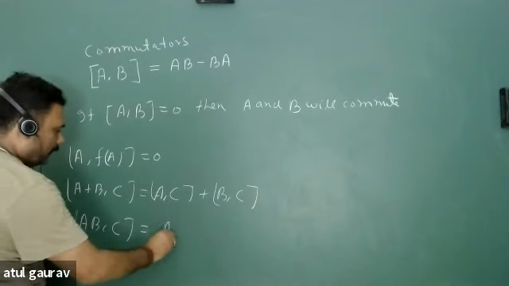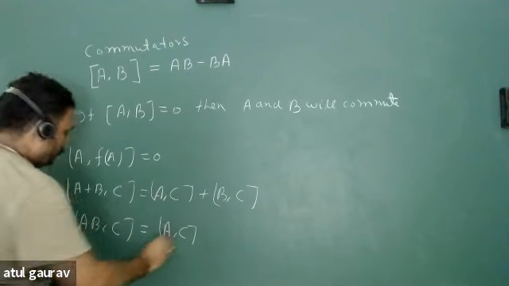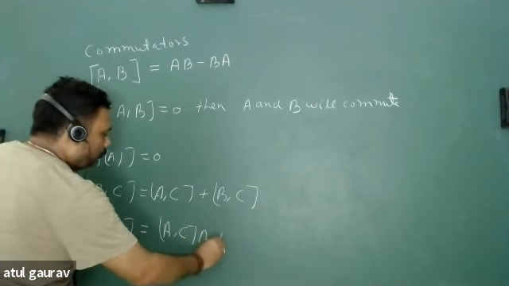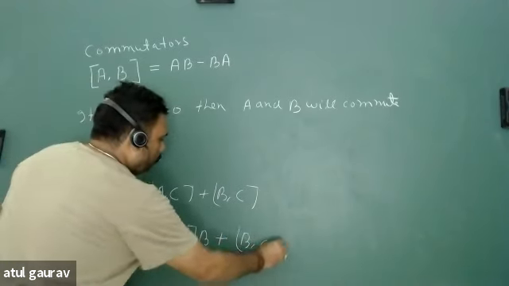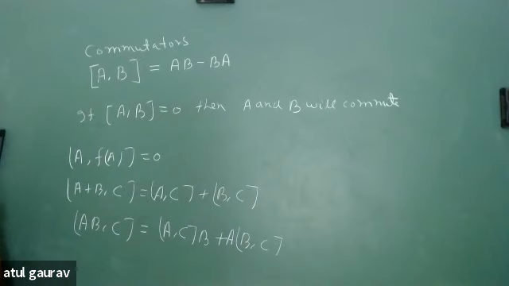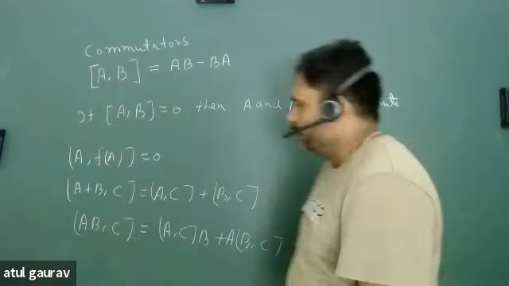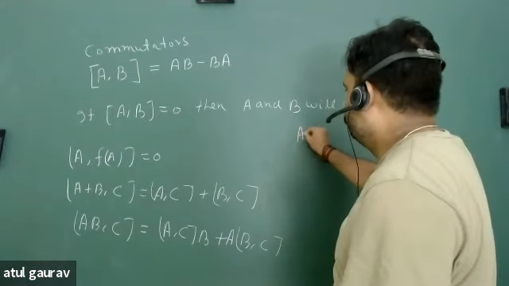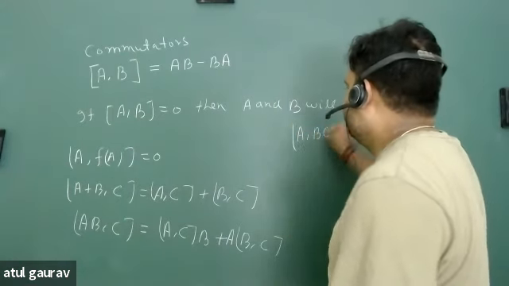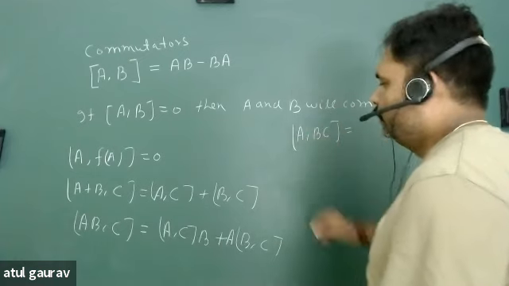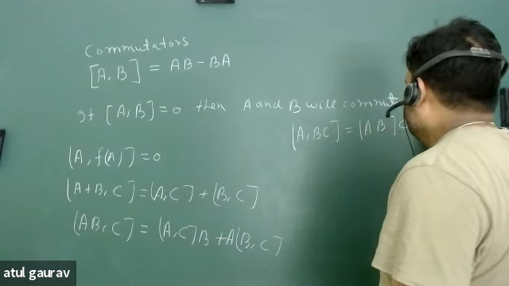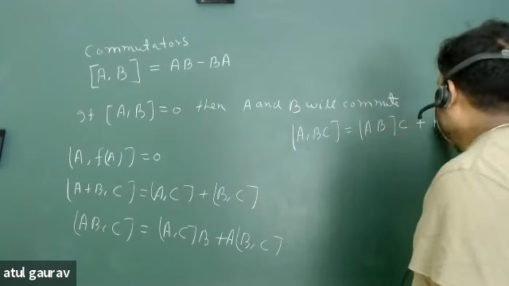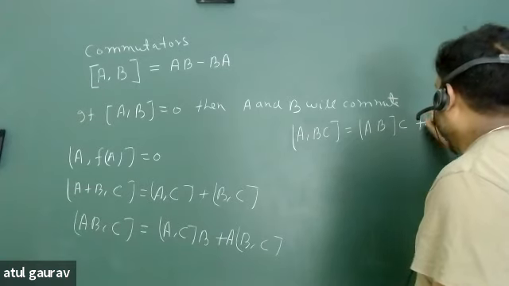So you can write A with C and then B afterwards, and then B with C, you will get A before this. Similarly, you can go for A, B, C, which will be written as A, B with C, and then AC, and you can have B here.